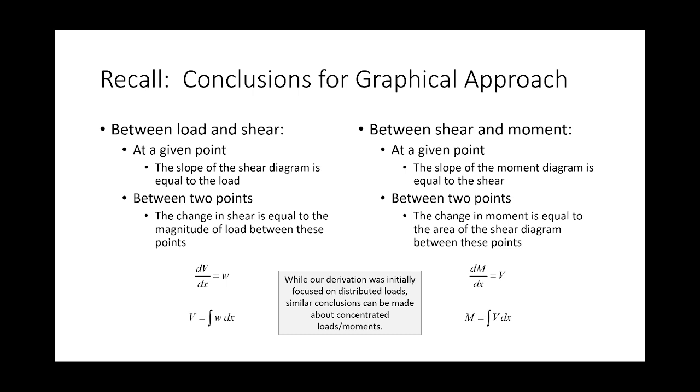And we made a series of conclusions about the math that made our life a little easier and made what we did when we constructed the shear and moment diagrams far more intuitive than if we just cut a bunch of sections and listed them in a table and plotted them on an X and Y coordinate system. I think that made it a lot more straightforward.